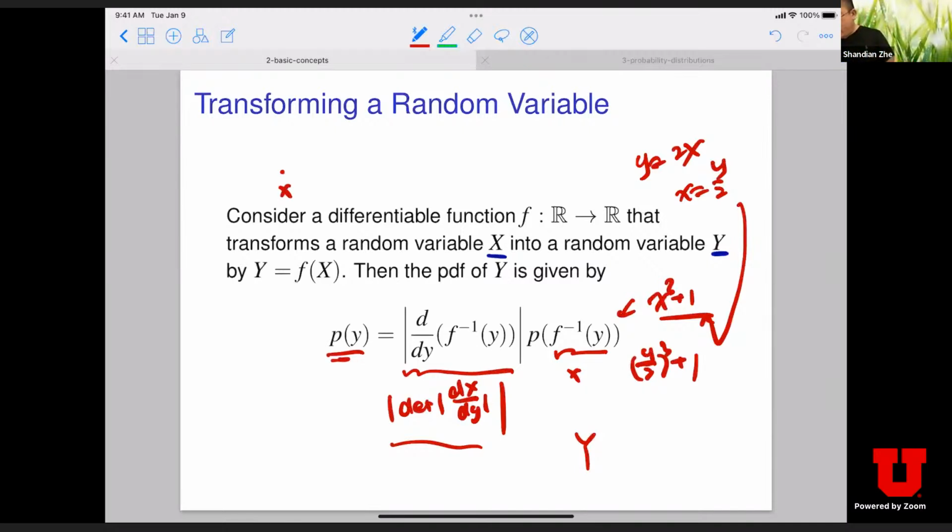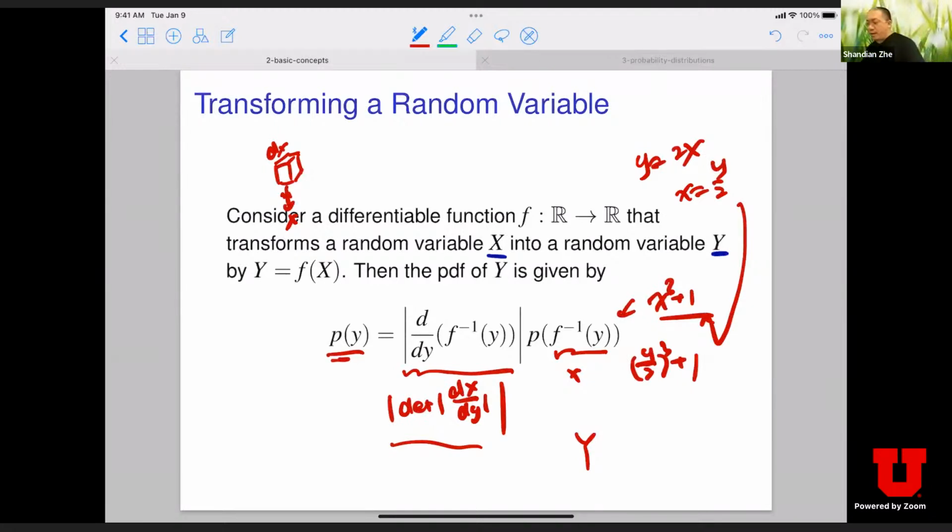At any particular x, if we perturb x with dx, you can consider it as a very small cube.